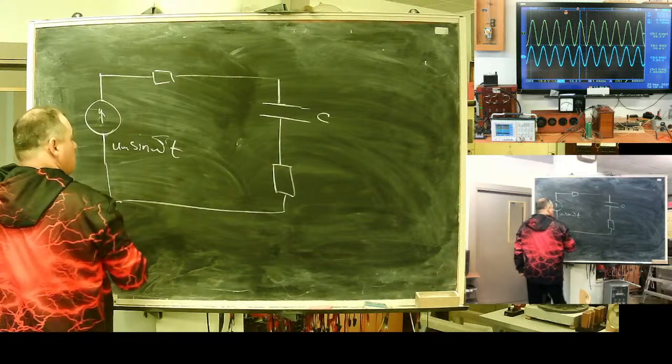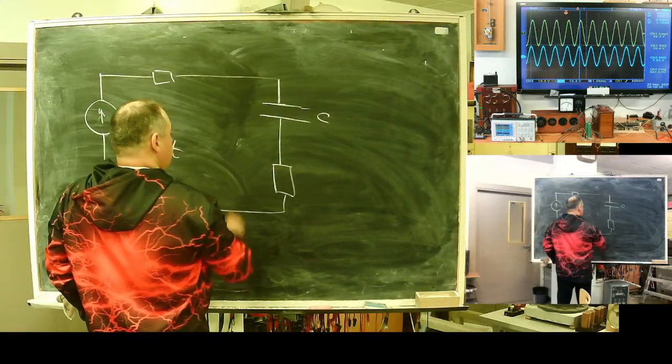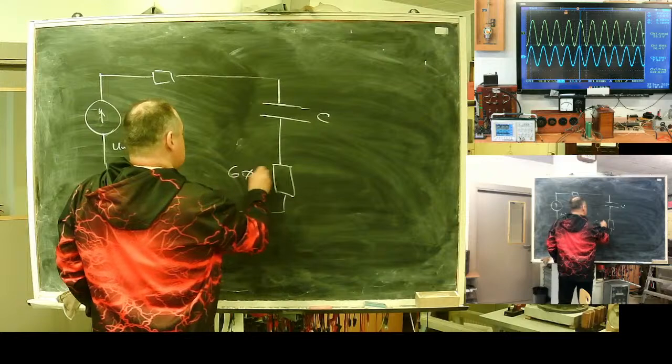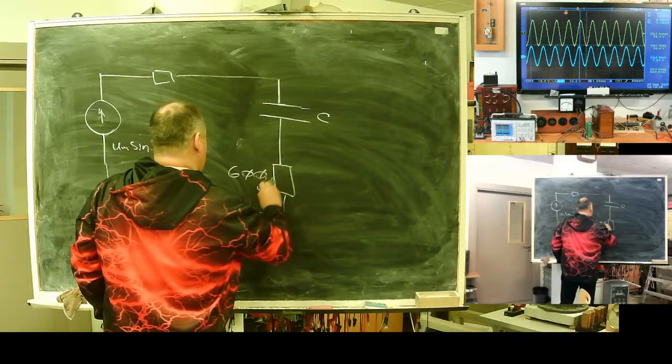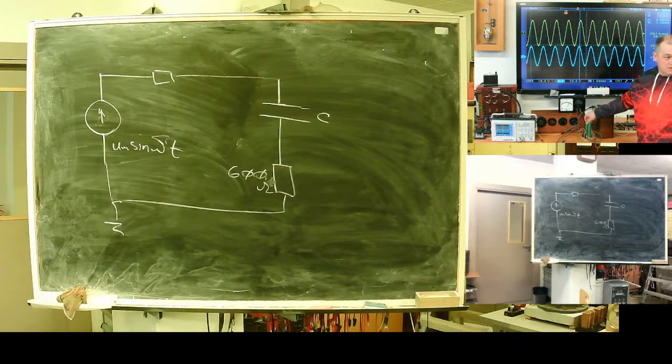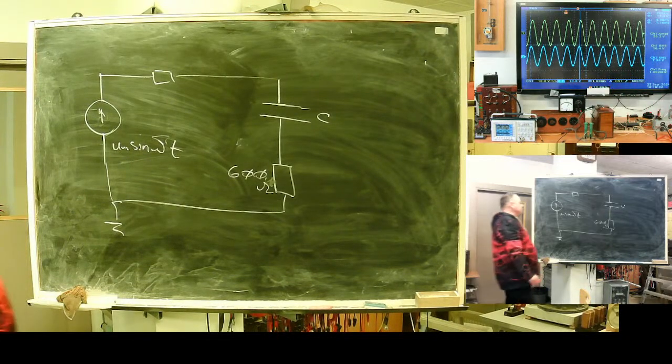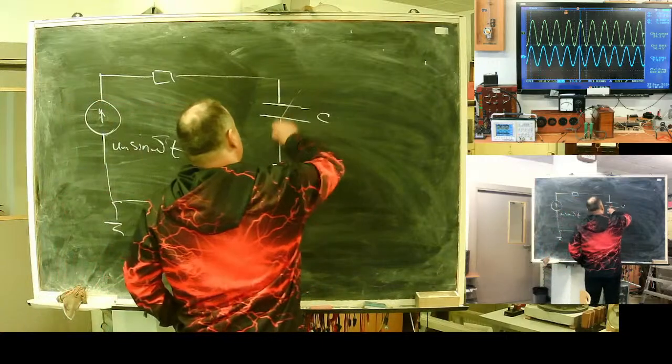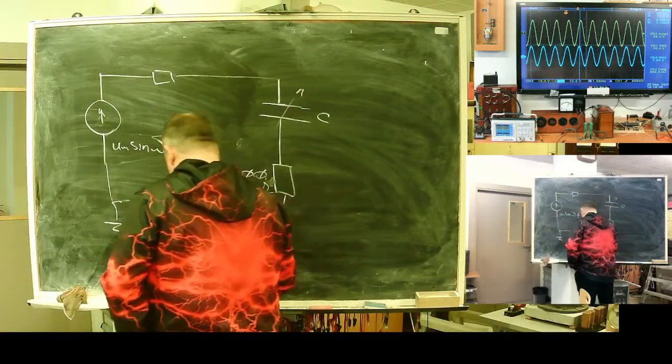It's all grounded. Very simple. Here I have 600 ohms resistance. And this nice capacitor. It's variable. I can adjust it.